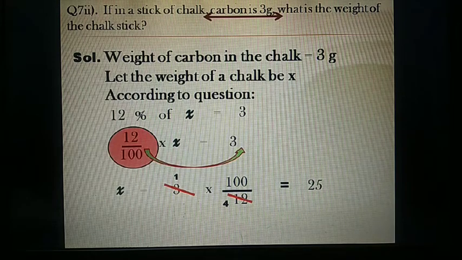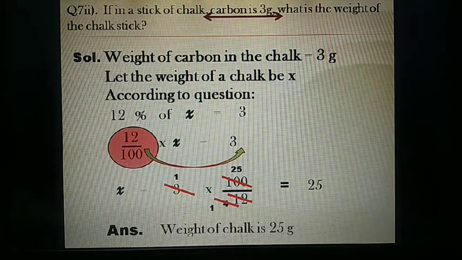Yes, here we will get 25. Why? Because 4 ones are 4 and 4 twenty-fives are 100. We can simplify it further till we get common factor as 1. So here you can write weight of the chalk as 25 gram, and 12% of 25 gram is 3 gram, which is the weight of carbon in the chalk.